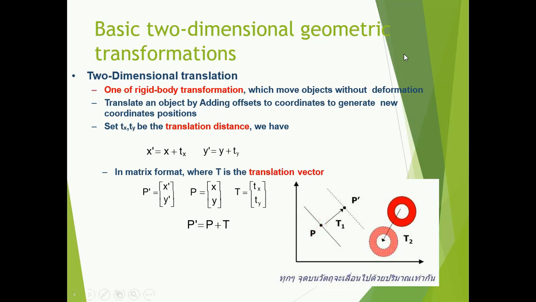So suppose I say here you have the initial coordinate values for point P as x comma y, and you are going to add certain offset values represented by Tx and Ty to the corresponding x, y positions.